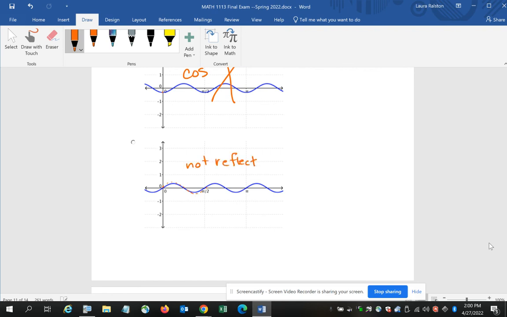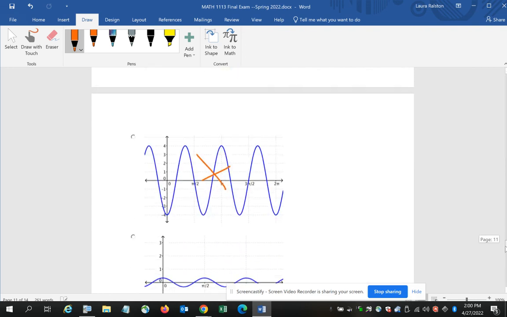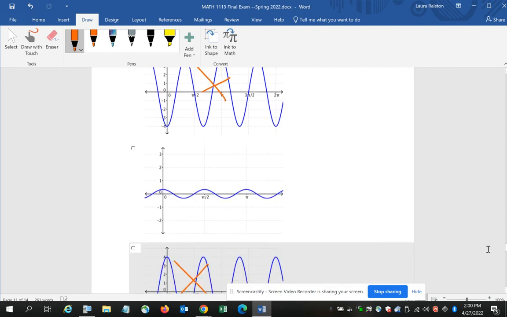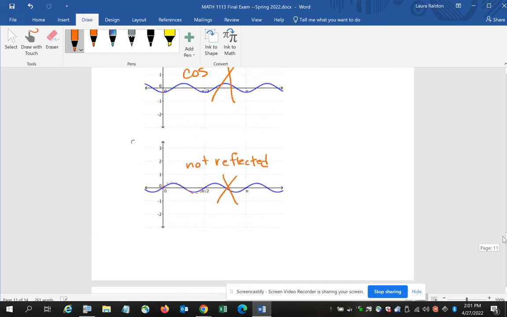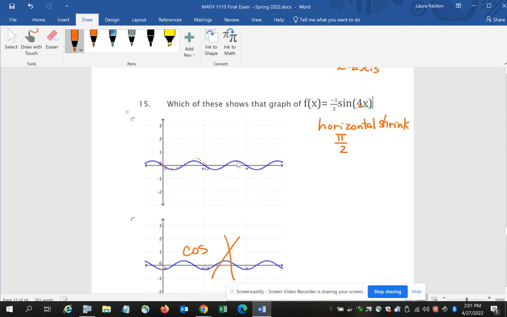It doesn't take into consideration the fact that it's negative, so it's not this one. We already eliminated the one that was really tall. This one again starts at 1/3 instead of at 0. This is actually the cosine curve, so it's not this one. So by process of elimination, or again, you can match it to what you see on your calculator screen, it's the first one.